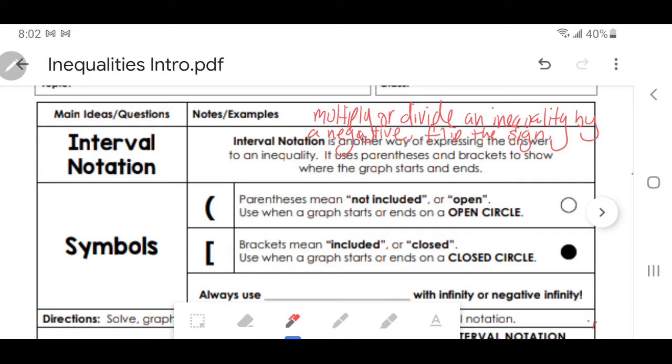So you must flip the sign. If you multiply or divide the inequality by a negative number, you must flip the sign.